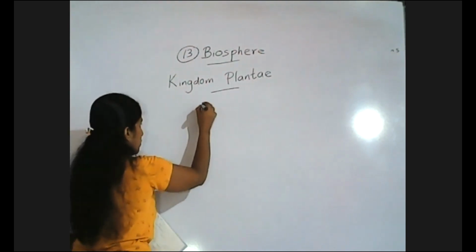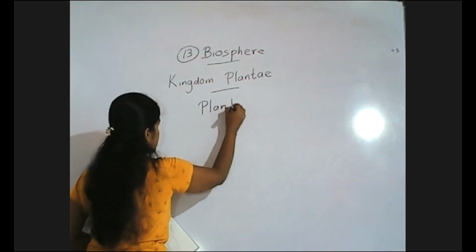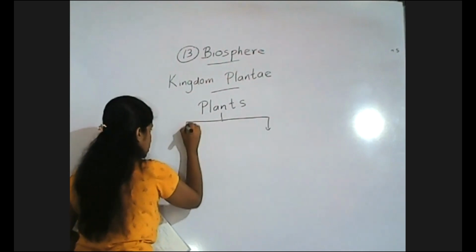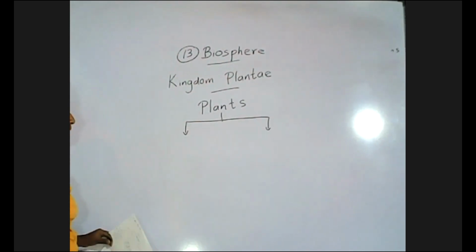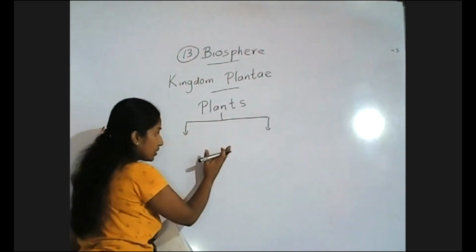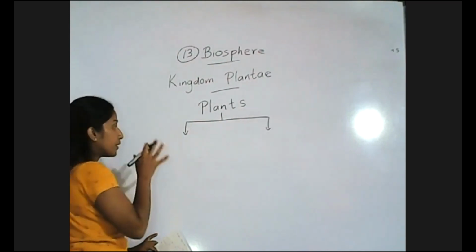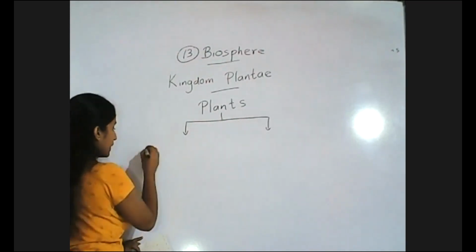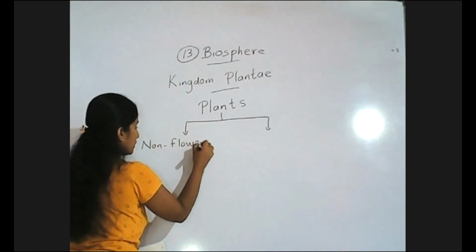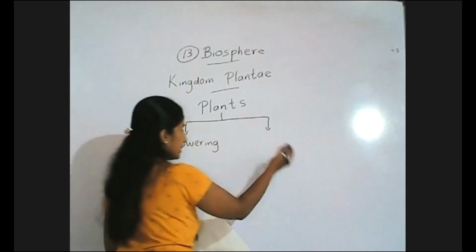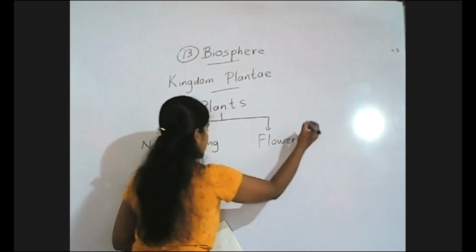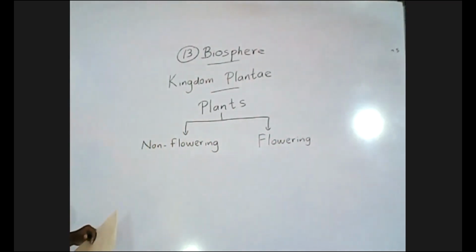When we consider all the plants, Pute, mainly we can divide the plants into 2 groups by using the feature whether they bear flowers or not. If they do not have flowers, we name them non-flowering plants, and the other group flowering plants, right?